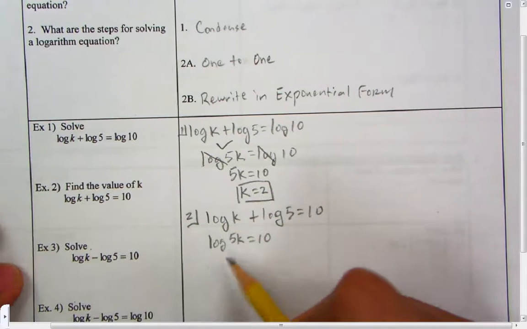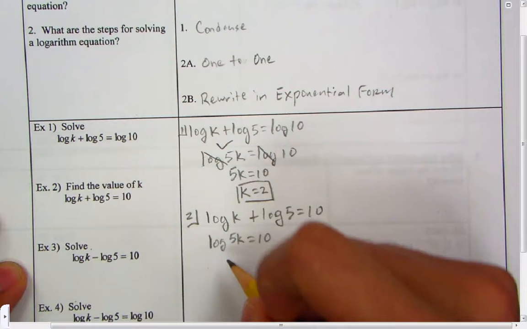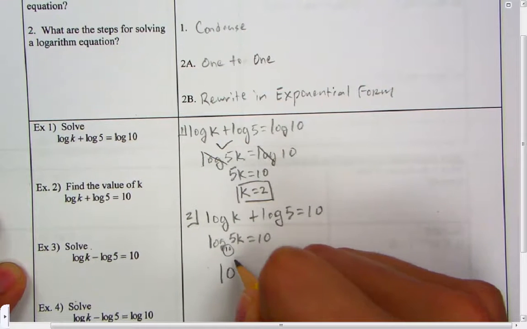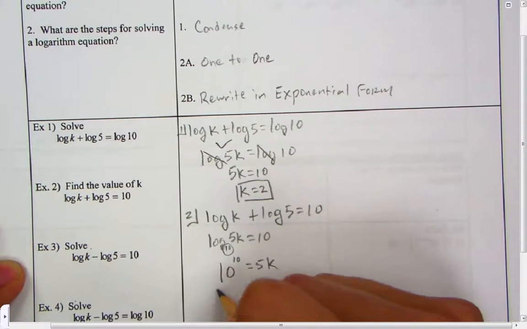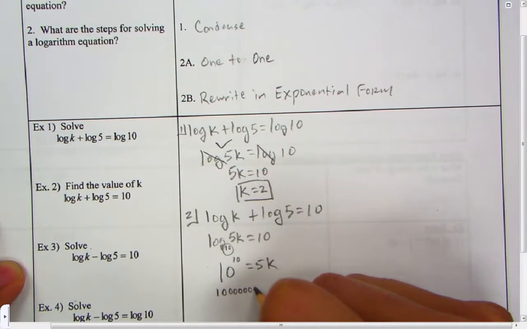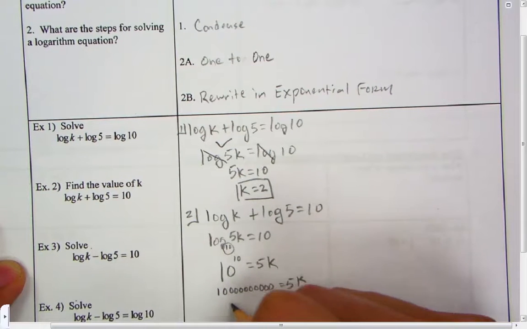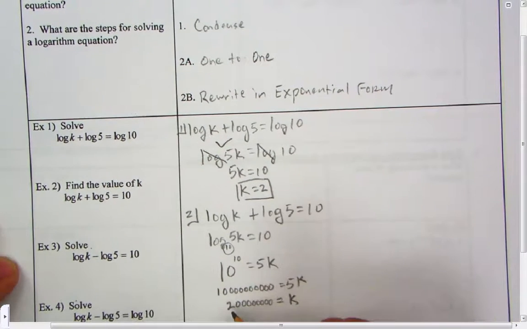Now I'm going to check if it's 1 to 1, but there is no log on this side. So I'm going to rewrite it in exponential. Here's our base, 10. So 10 to the 10 equals 5k. Well, 10 to the 10 is 1 with 10 zeros. I'm going to divide by 5. 5 goes into 10 two times, and you have 9 zeros left. And that's our answer.